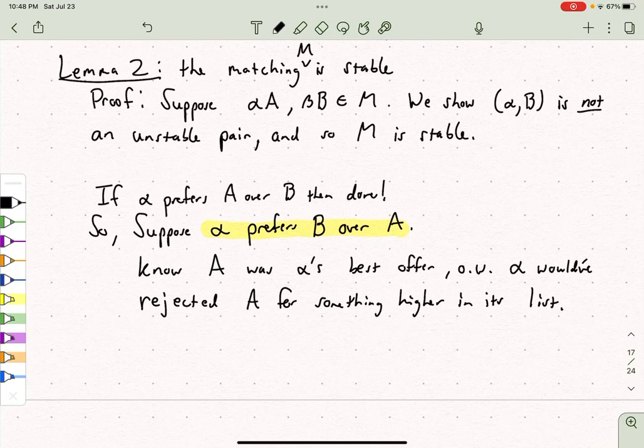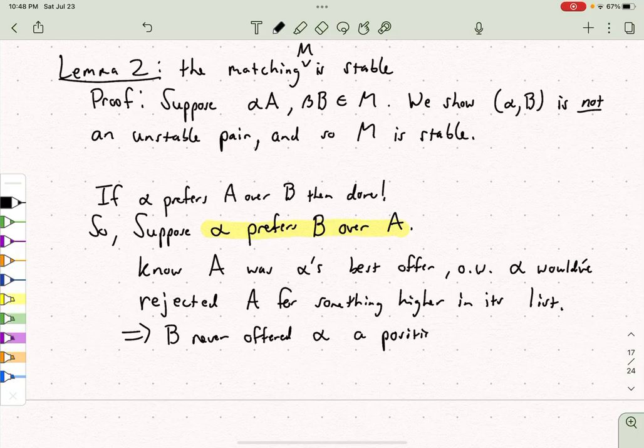So in particular, this implies B never offered alpha a position. Because B is one of these places that have a higher preference for alpha and that didn't end up getting accepted by alpha. So it must be the case that B never even offered alpha a position.